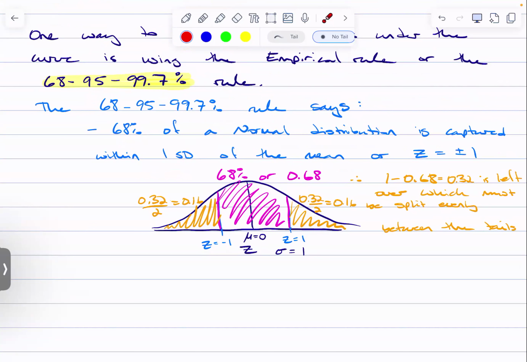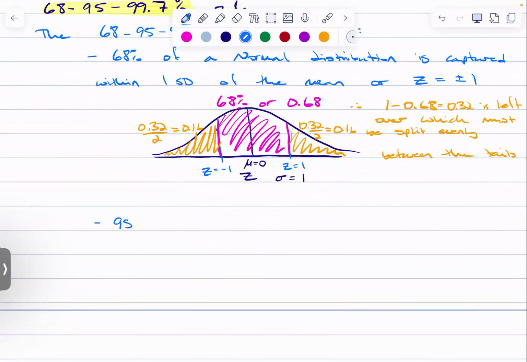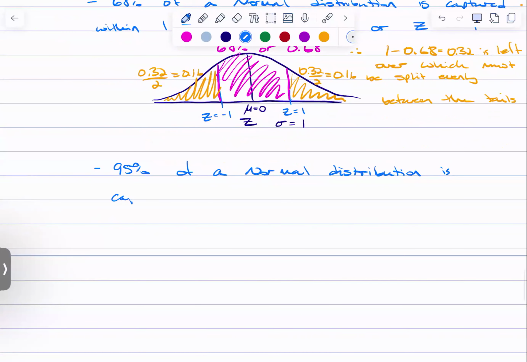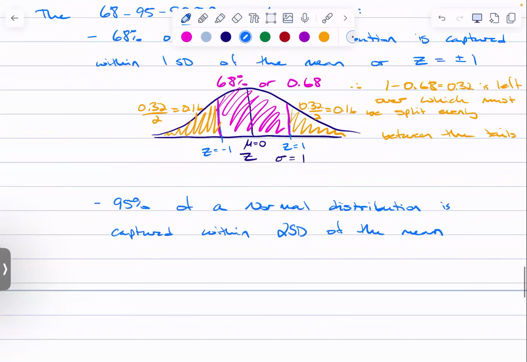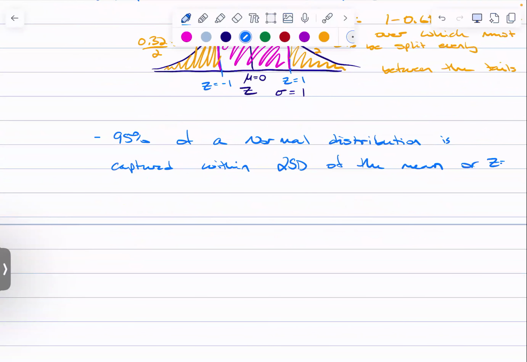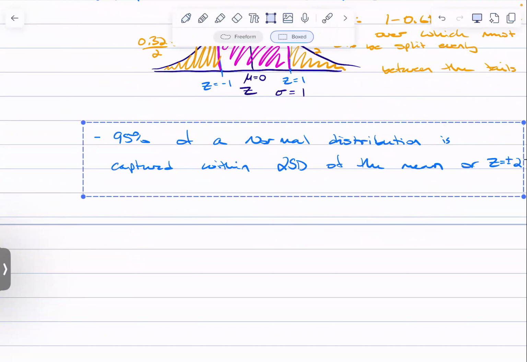And so let's keep going. 95% of a normal distribution is captured within 2 standard deviations of the mean, or Z is plus minus 2. And maybe I'll put this on its own page.